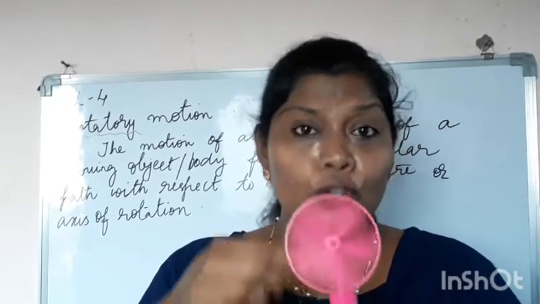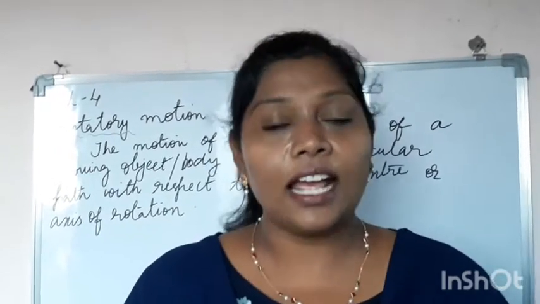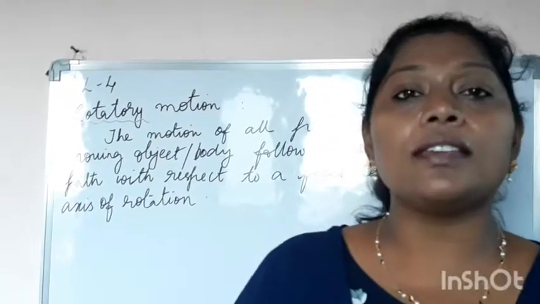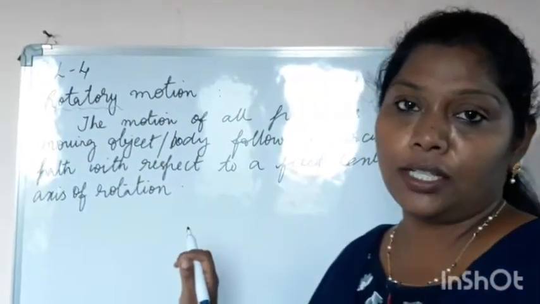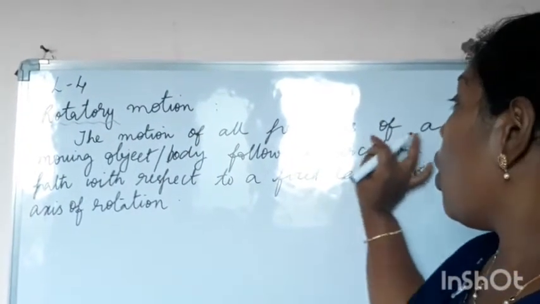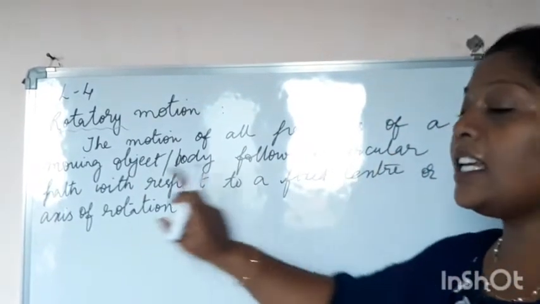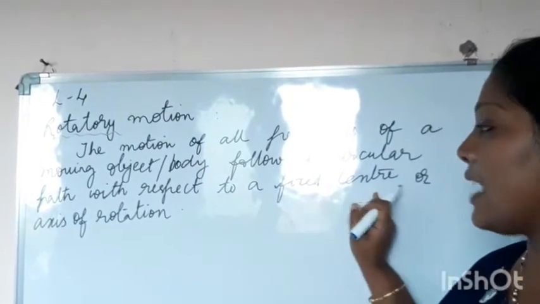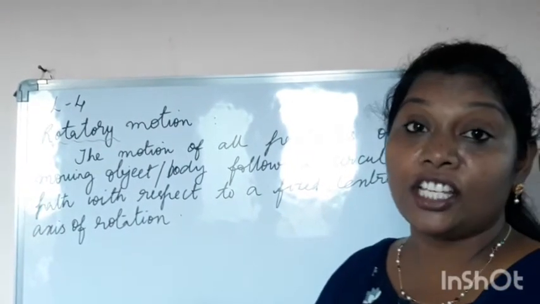Okay, children. So now let us first learn the definition so that we can clearly understand rotatory motion. Rotatory motion: the motion of all particles of a moving body follow a circular path with respect to a fixed center or axis of rotation.